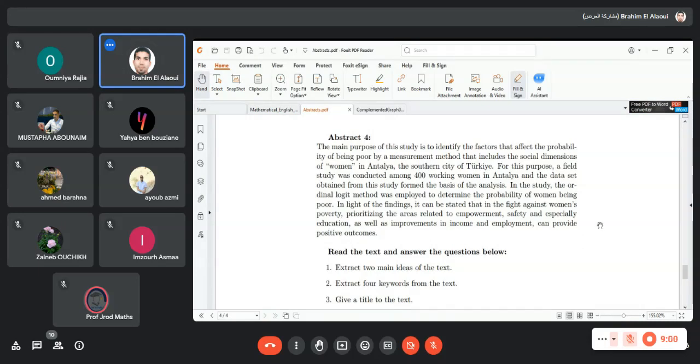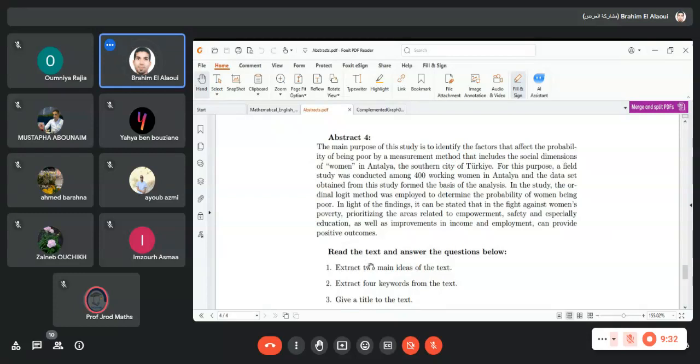We will read an abstract of a scientific paper. Read this abstract carefully and answer the following questions. You have to extract two main ideas at least. I wrote two main ideas here, but actually there are many main ideas in this abstract.